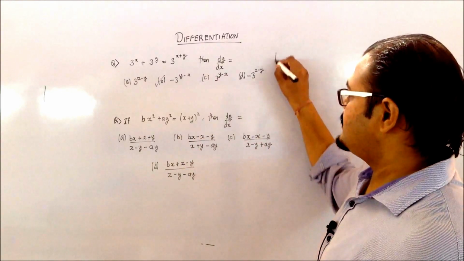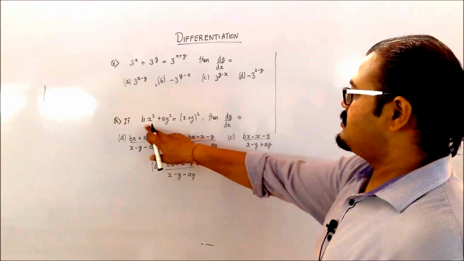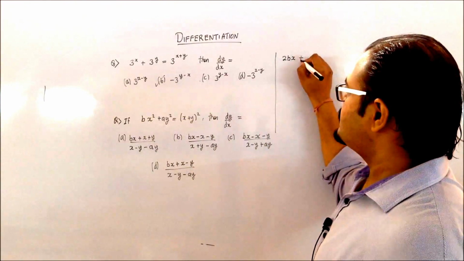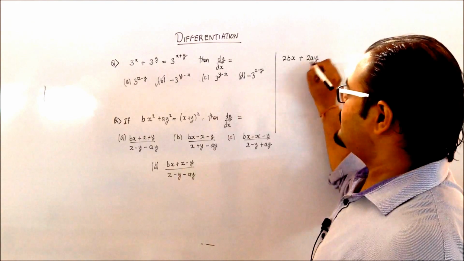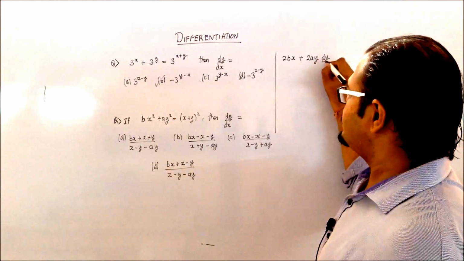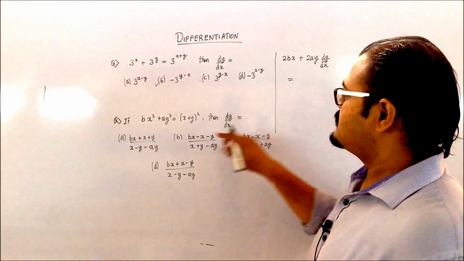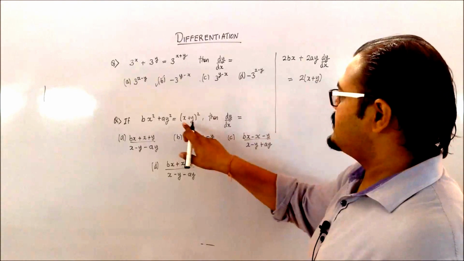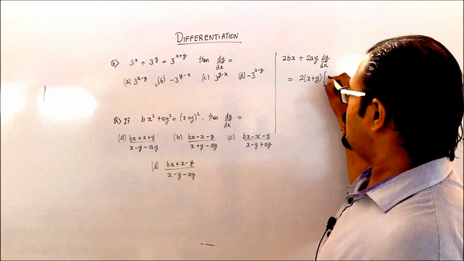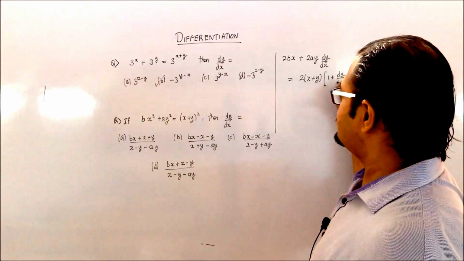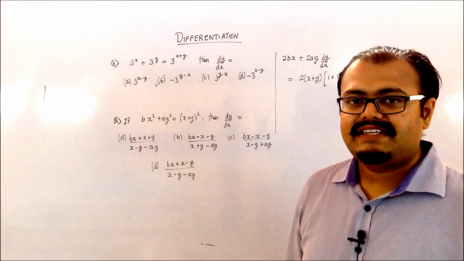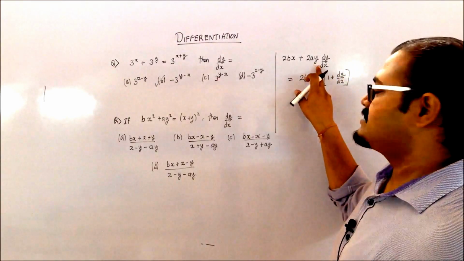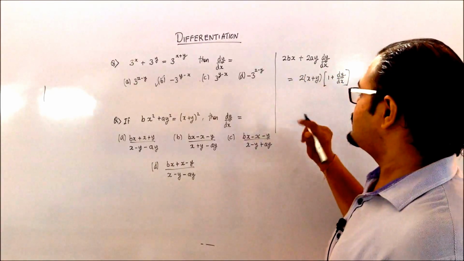So once you take the derivative of that, you will have for this 2bx, for this it will be plus 2ay, but it was not x, so dy by dx equals derivative of this part 2 into x plus y into derivative of x plus y, which is 1 plus dy by dx. What you have to do now is taking all the dy by dx terms together and all the rest on the other side.